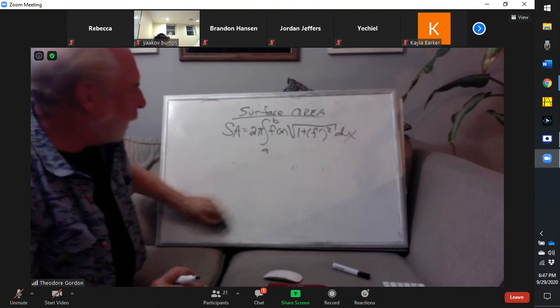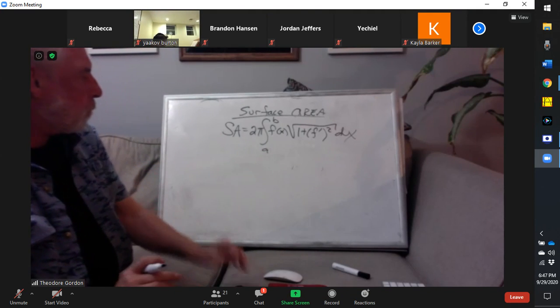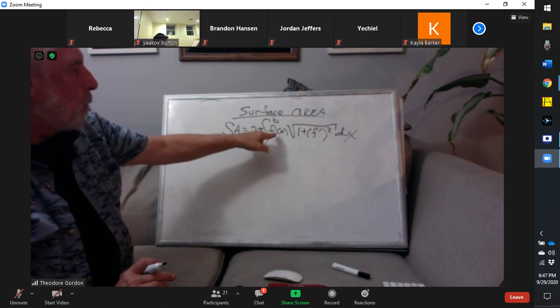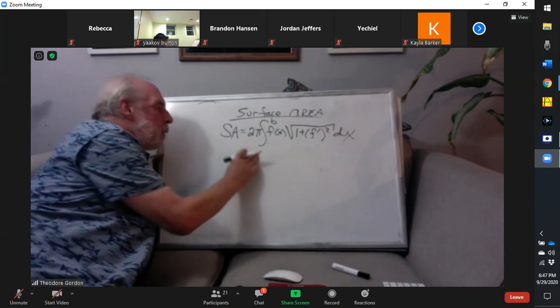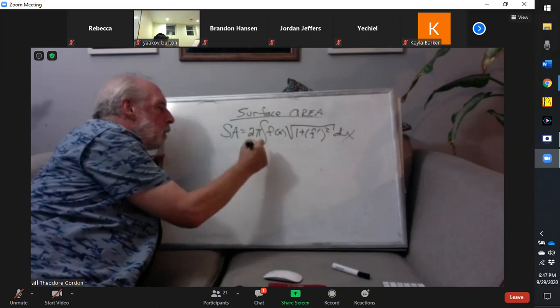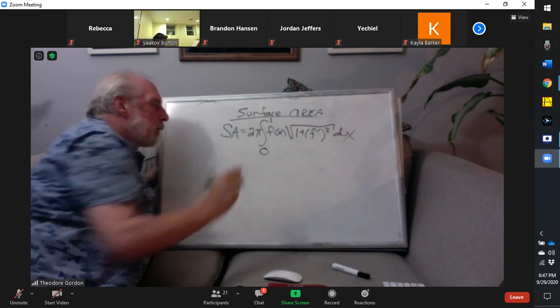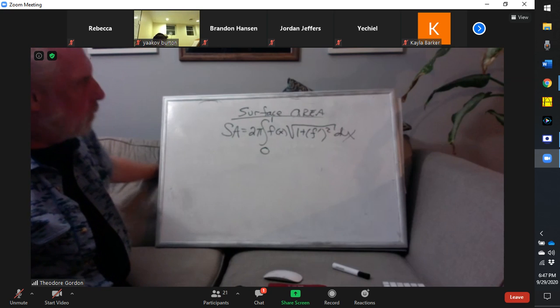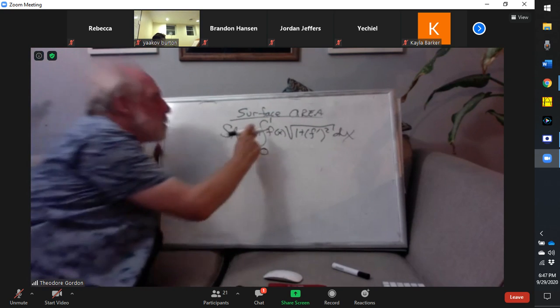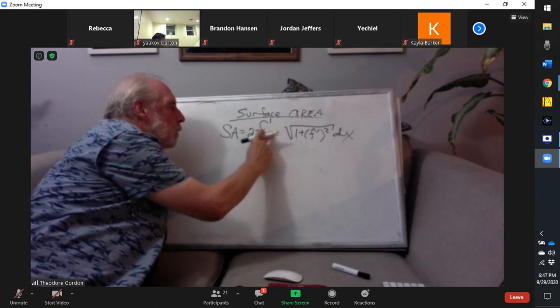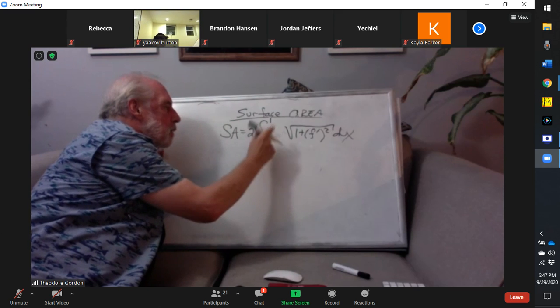So putting everything into this formula, in this problem, we're going from 0 to 1, because that's what the problem gave us. Our function is the square root of x.